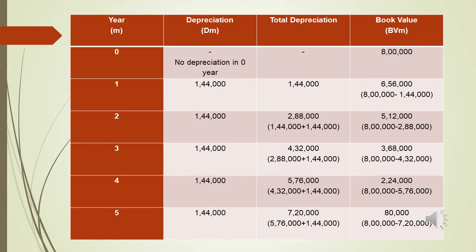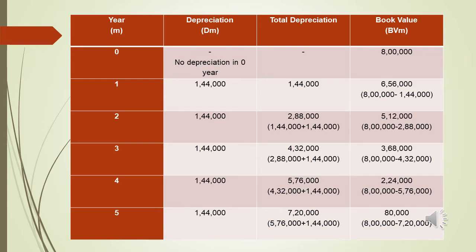For year 0, depreciation and total depreciation will be 0, because that year you will be just purchasing the new instrument, and that value you have to write as book value. The purchase of the instrument they have mentioned already, that is 8 lakhs.